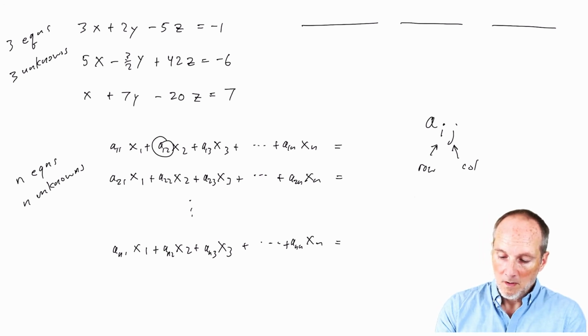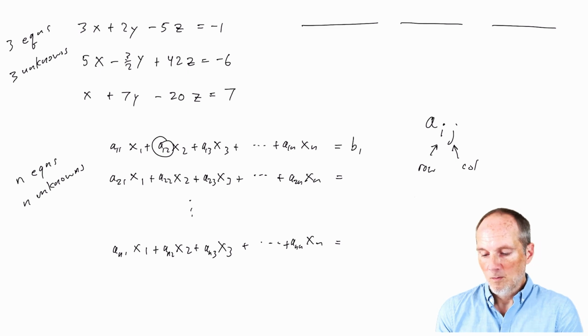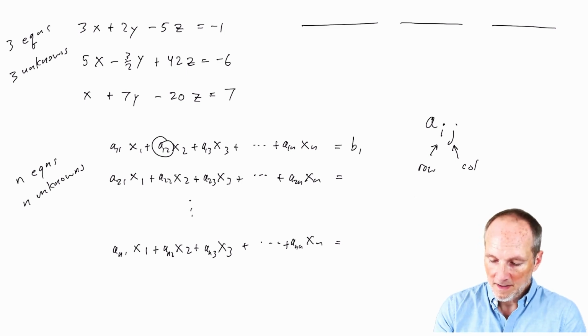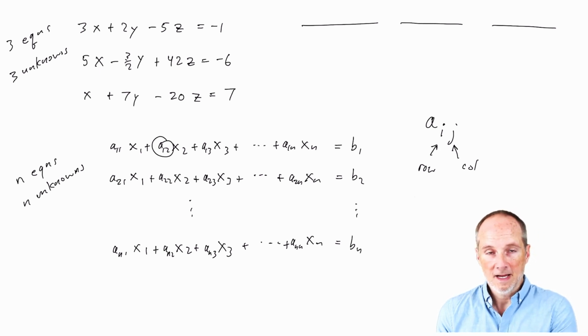The right-hand side of the first equation could be anything. Let's call it B1, 1 because it's the first equation. The right-hand side of the second equation is B2, and so on. The right-hand side of the nth equation is Bn. So this is kind of a general system of n equations in n unknowns.